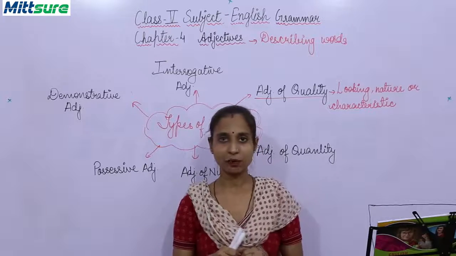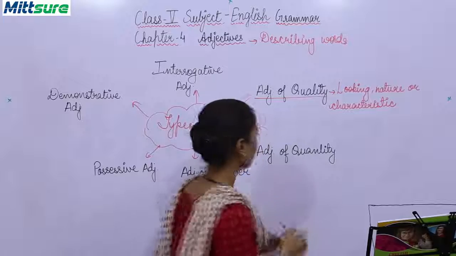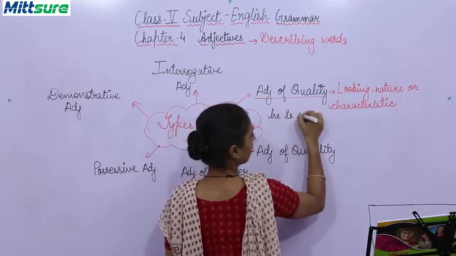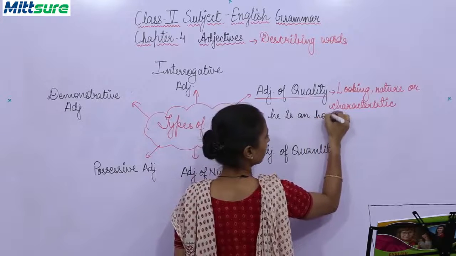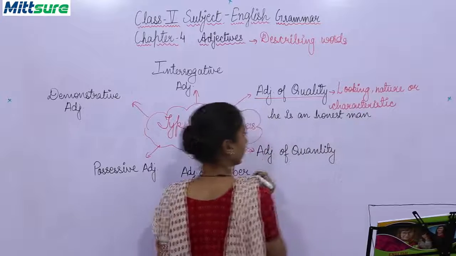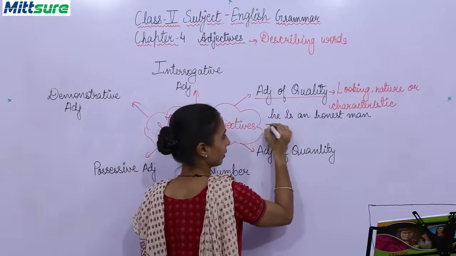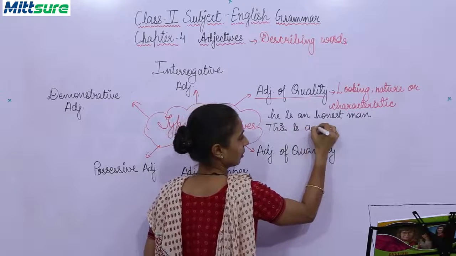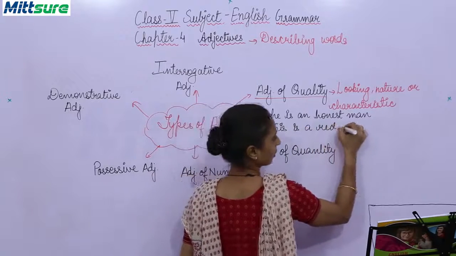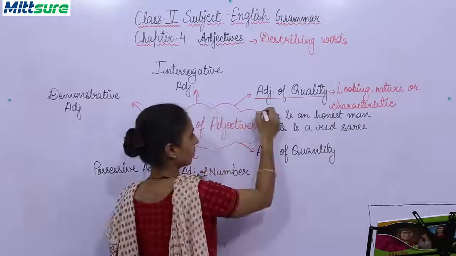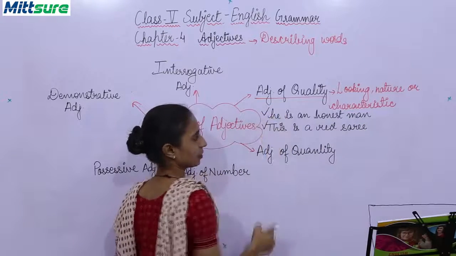he is an honest man. If I say he is an honest man, this is a red sari, this is a red sari. I have given 2 examples, this one and this one.